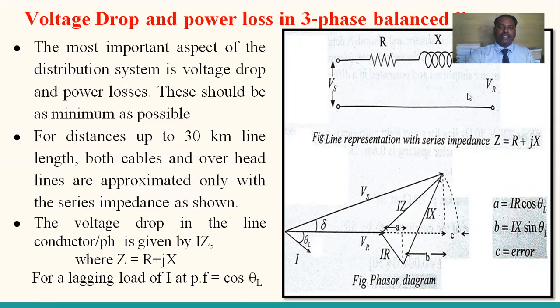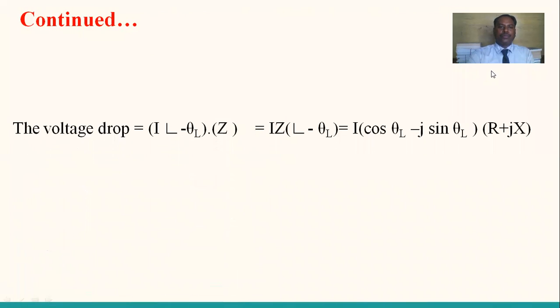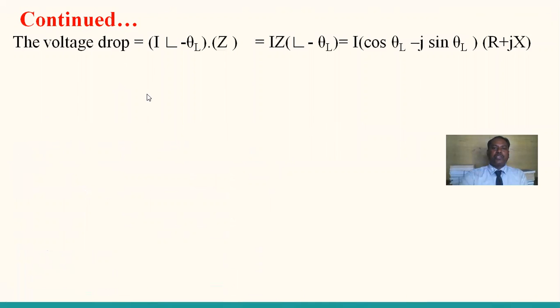For lagging current, so lagging load, in the sense lagging power factor, power factor of cos theta L, the voltage drop is equal to the magnitude of lagging current multiplied with impedance, so I Z at an angle of minus theta L.